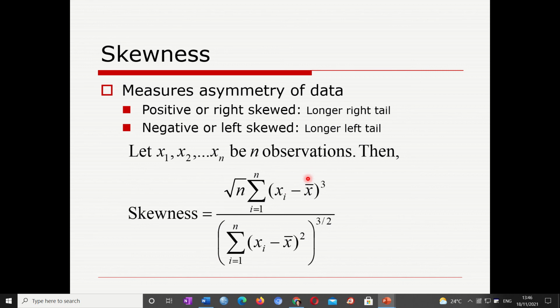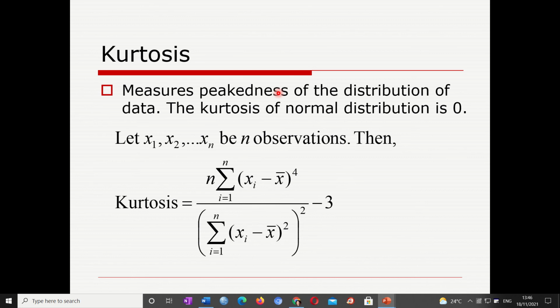Just know the definition. Positive or right skewed means a longer right tail. If it is negative or left skewed, it is a longer left tail. We can also express it like this, and it is asymmetric. Okay, it's not symmetric.